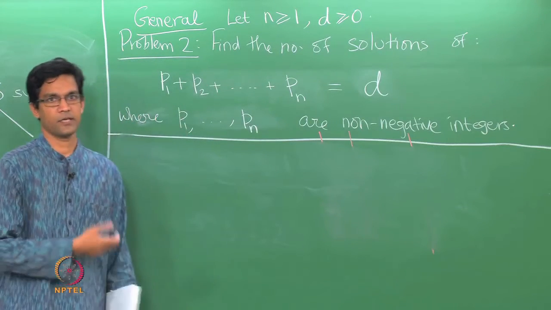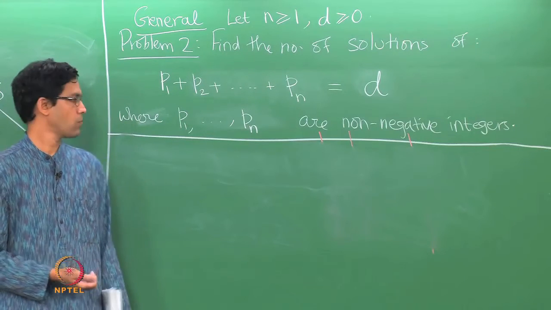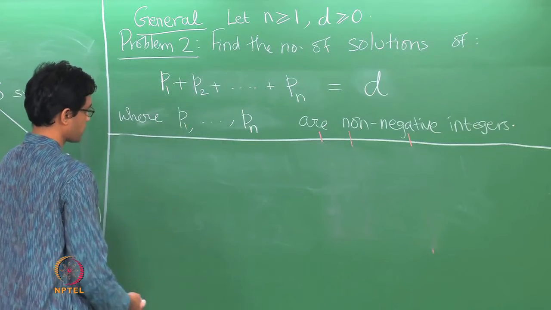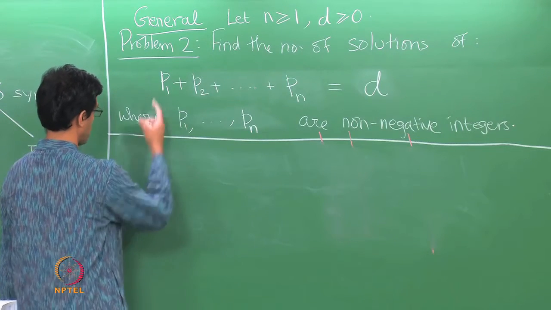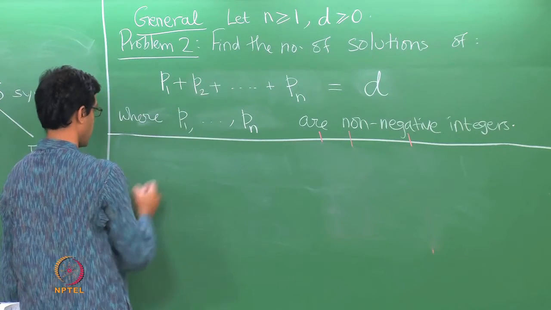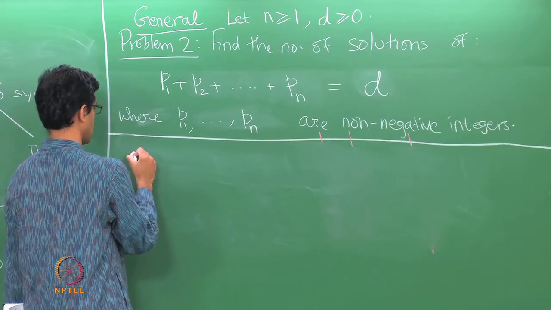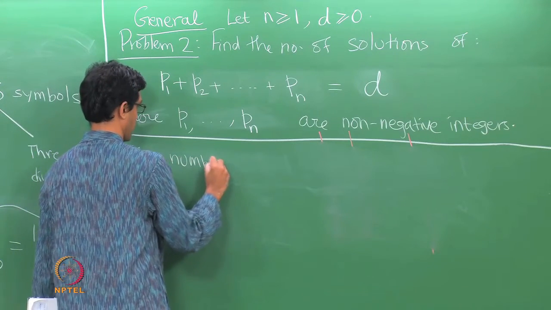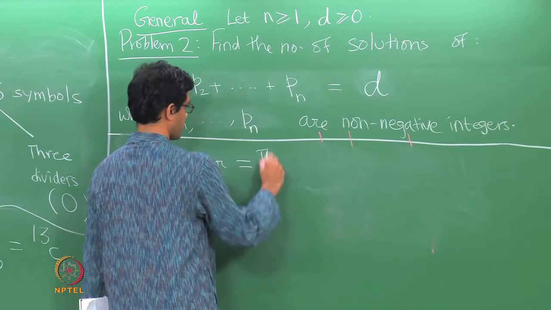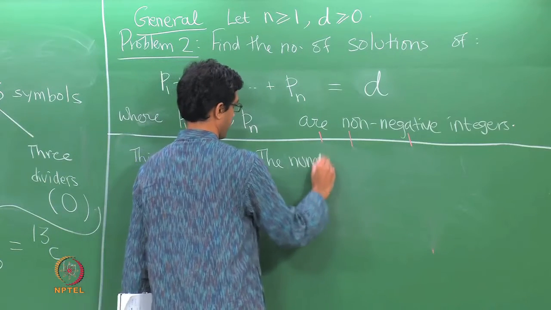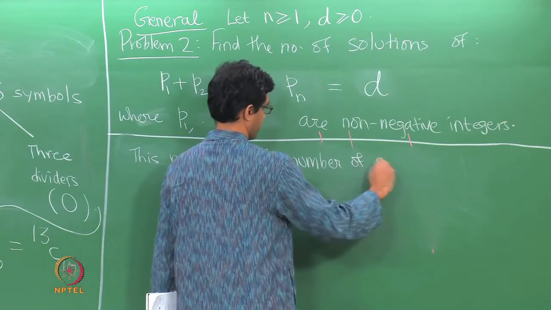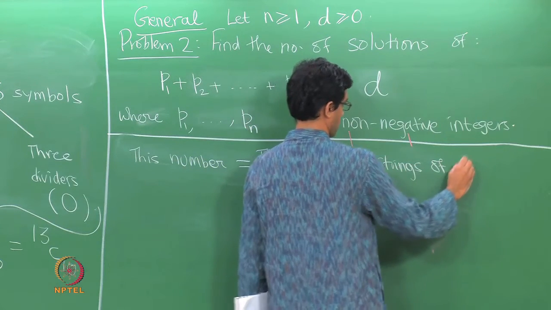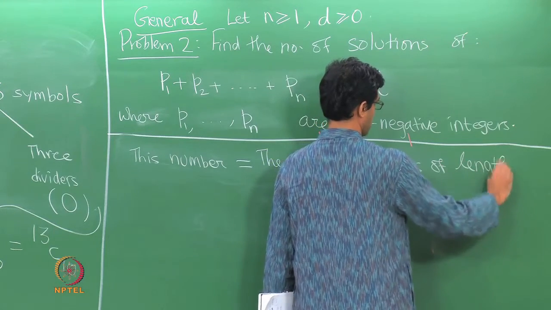And again the solution methodology is the same. What we will want to do is to encode every such solution as a string of zeros and ones. So the number of solutions to this equation is the same as the number of strings of, well, what's the total length of a string?